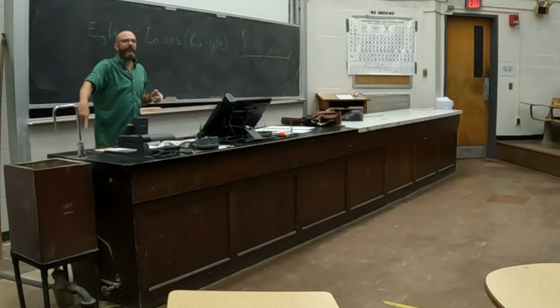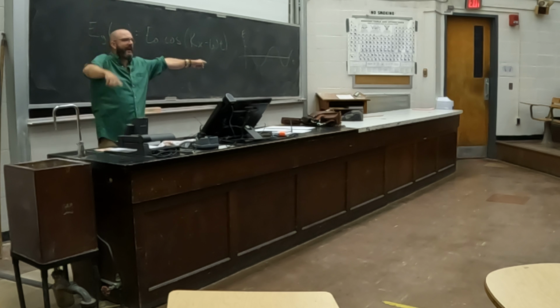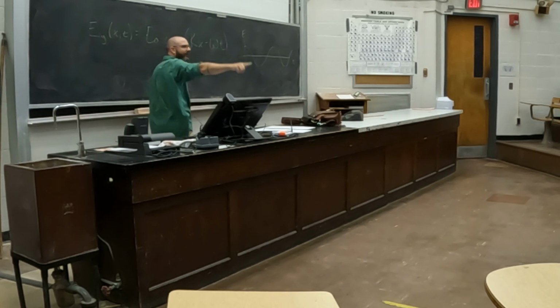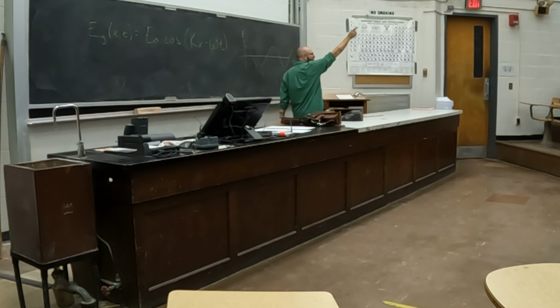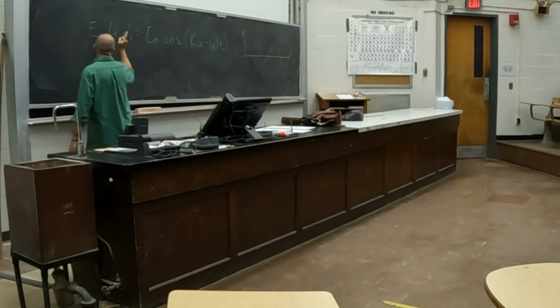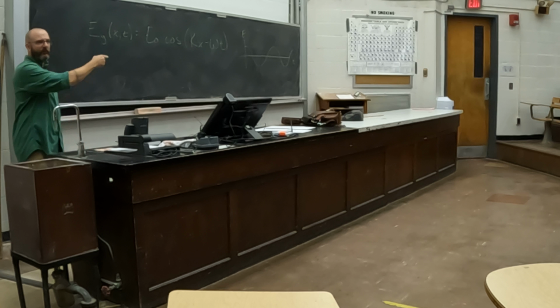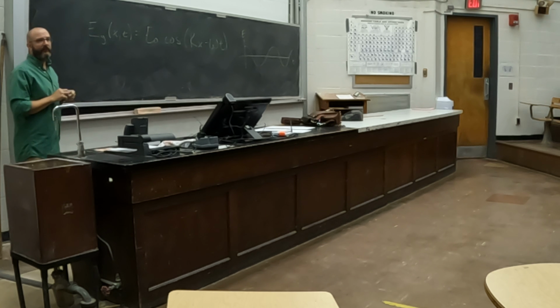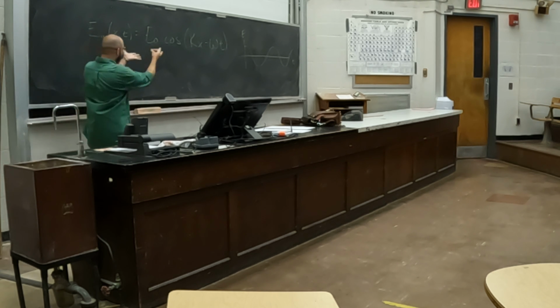I have an E field that's oscillating up and down and also propagating in that direction, which means it's going to look like this. Which means this E_y, wherever it is in the vertical direction, is a function not only of time, but wherever it is in the horizontal direction. So that's what we mean here. This is the y component of the E field as a function of its spatial dependence x and time t. That stuff appears here.